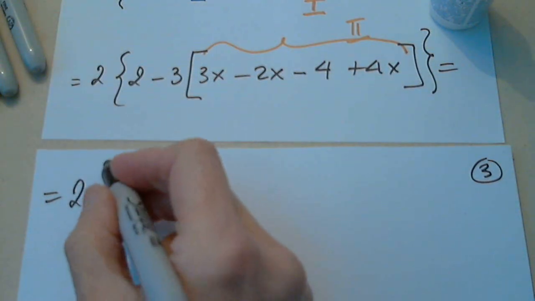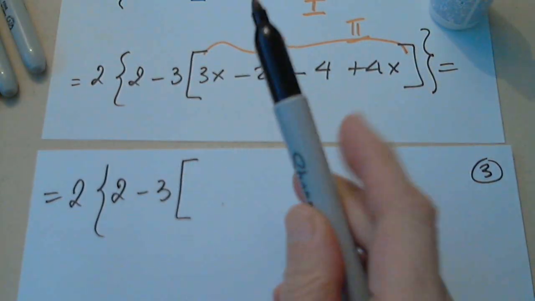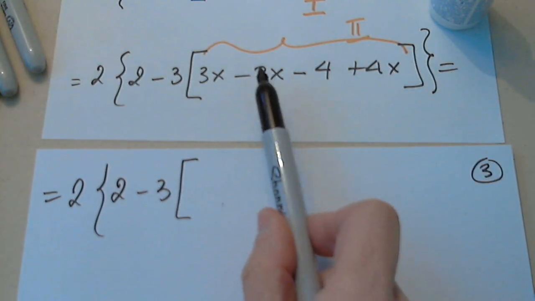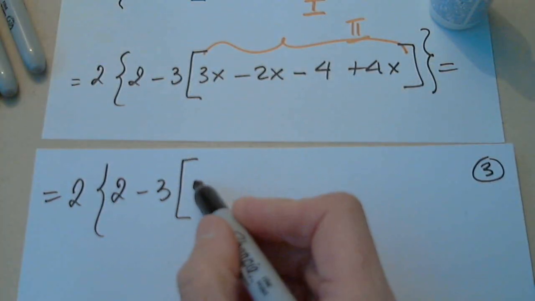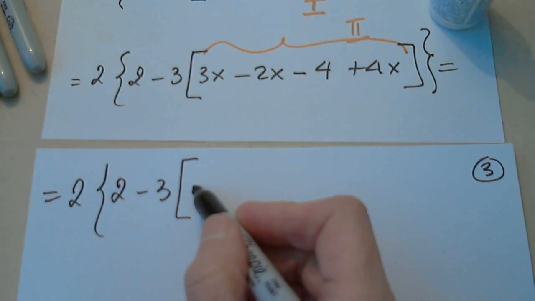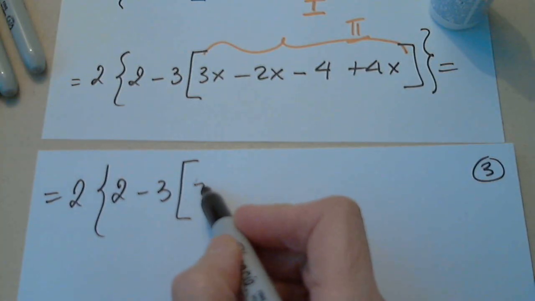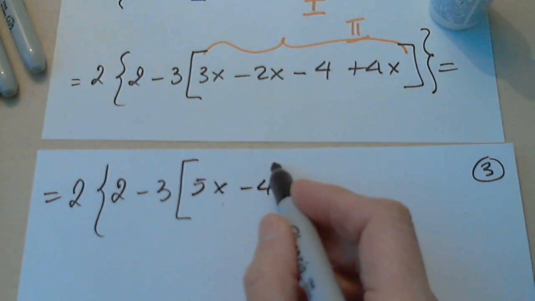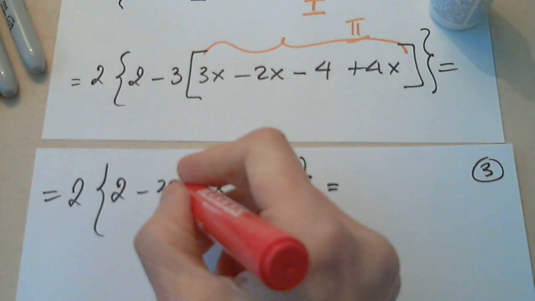I copy 2. I copy braces. I copy 2 and negative 3. 3 apples minus 2 apples plus 4 apples. What do I write? 5x. Very good. And then minus 4. At this point, I must distribute negative 3 because there is a product here.